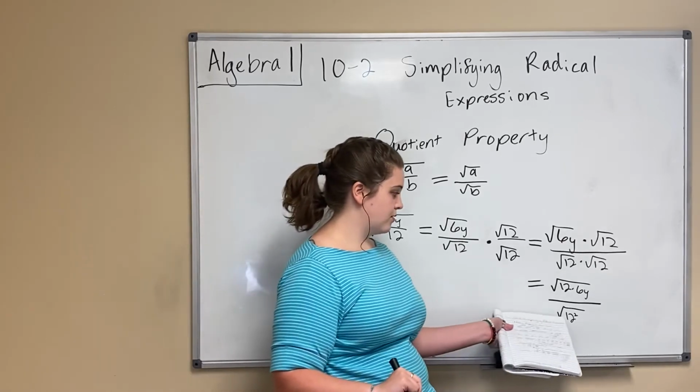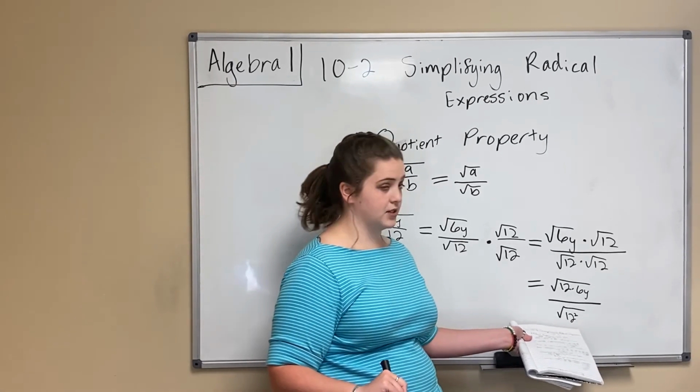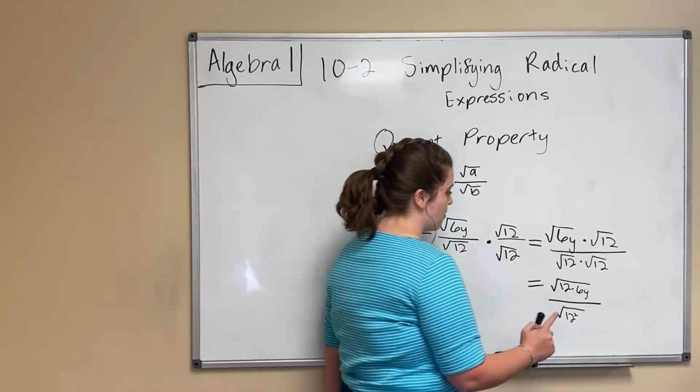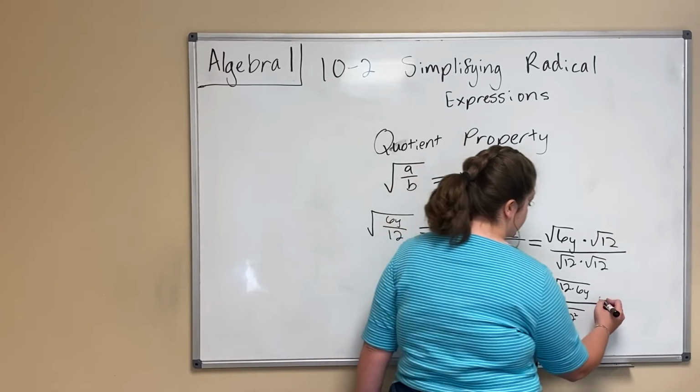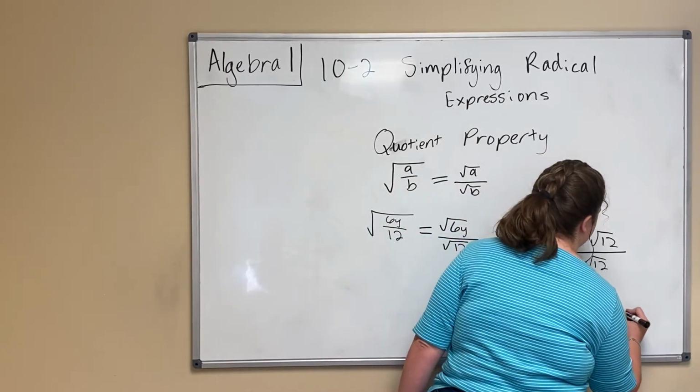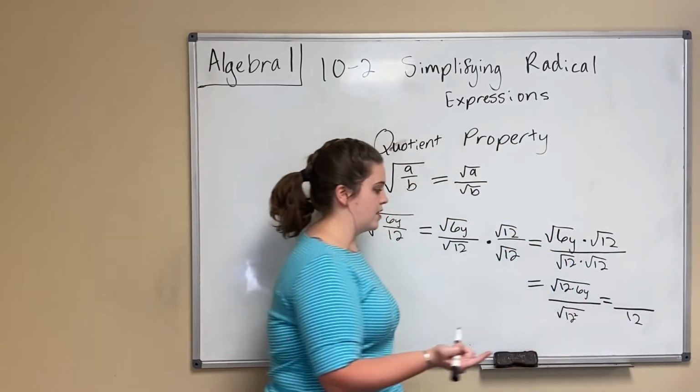Now the square root of 12 squared, the square root cancels out the square, which will give us just 12 as our denominator, because those will cancel each other out.